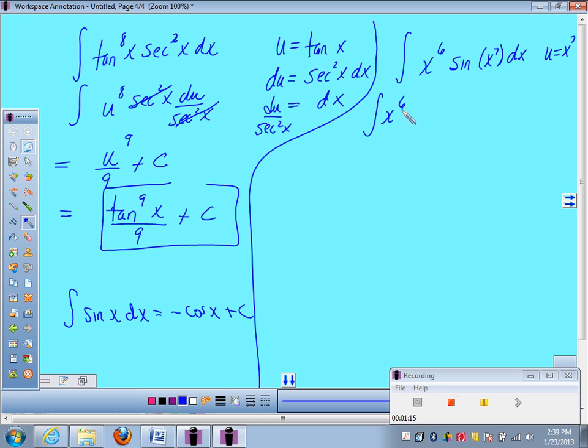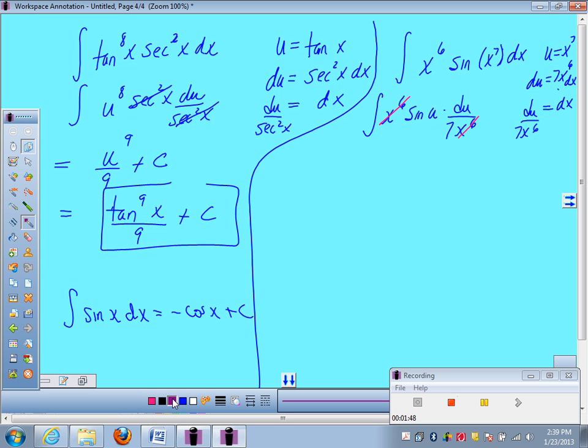I'll leave the x to the sixth and have sine of u, and then I need to substitute in for the x, which is fairly easy, because the derivative will be 7x to the sixth, and therefore I'm going to have du over 7x to the sixth. Is that good news? Yes, my x to the sixths are going to cancel. What do you do with the 7?